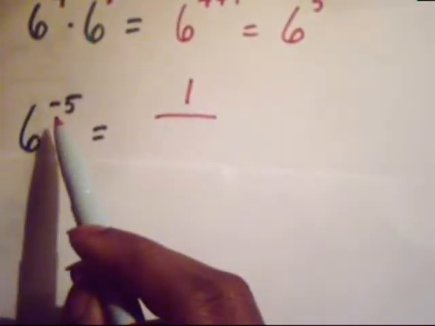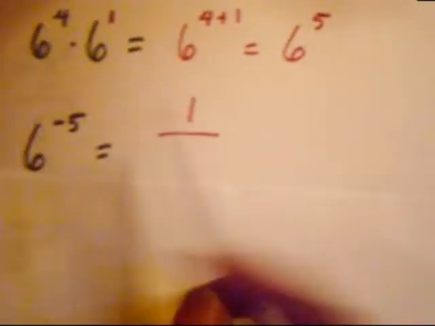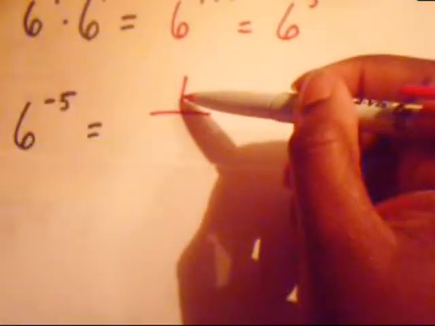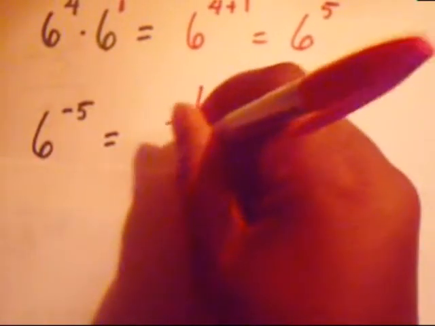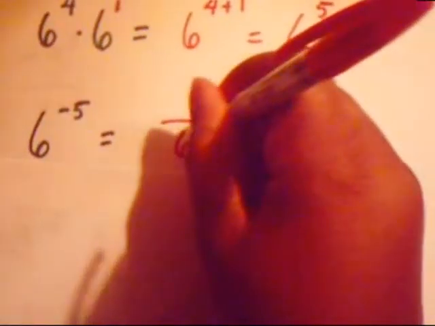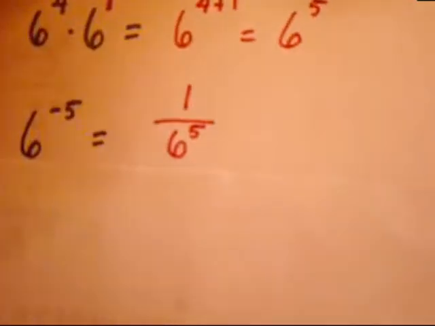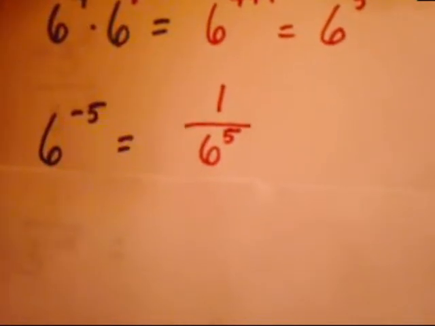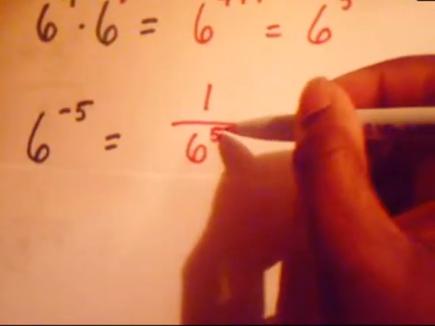The fraction that you'll turn 6 to the negative 5th power into will always have a numerator of 1. No matter what, if you have a negative exponent and it's not in the form of a fraction, use 1 as the numerator, keep your base the same, and turn your power into a positive. Okay? So the answer to 6 to the negative 5th power would be 1 over 6 to the 5th power.